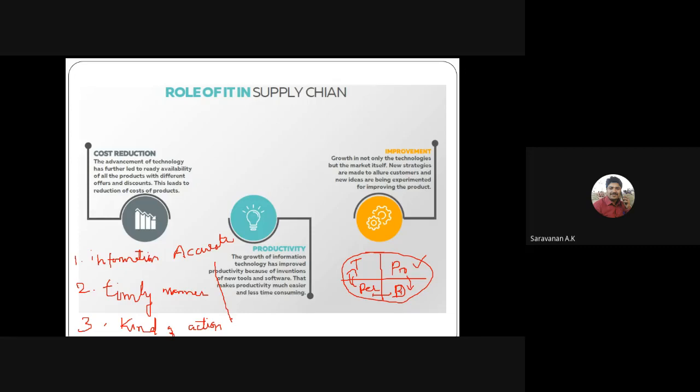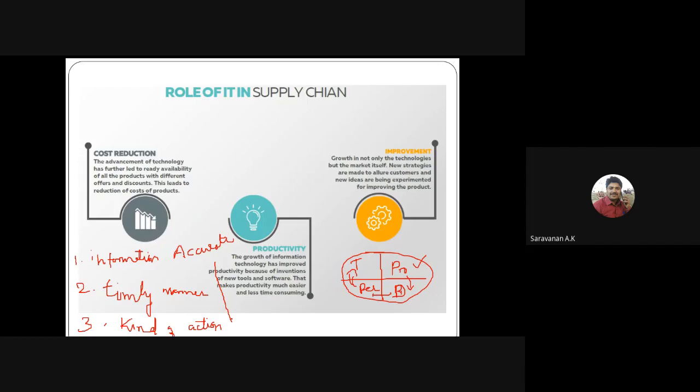Then the timely manner, how the information will be accessed in a timely manner. Then what kind of actions, what kind of information must reach the other stages. These three are the main characteristics of the information while making decisions in the supply chain network, right?